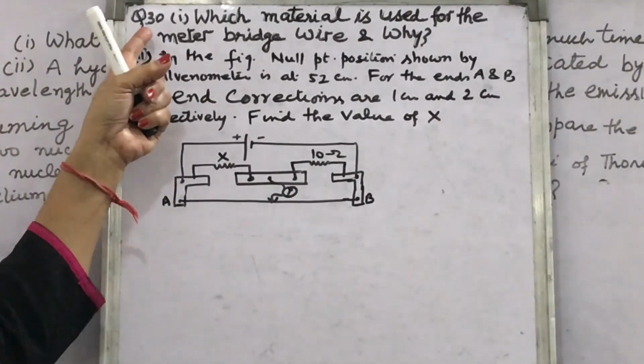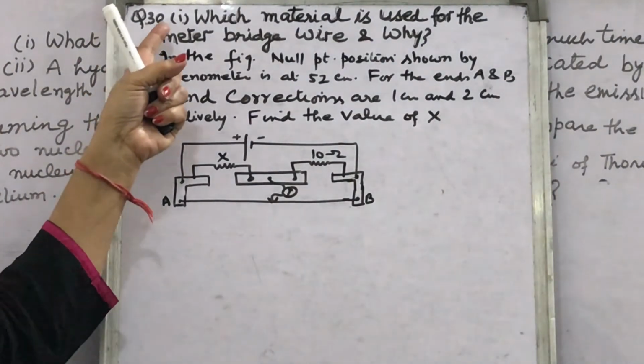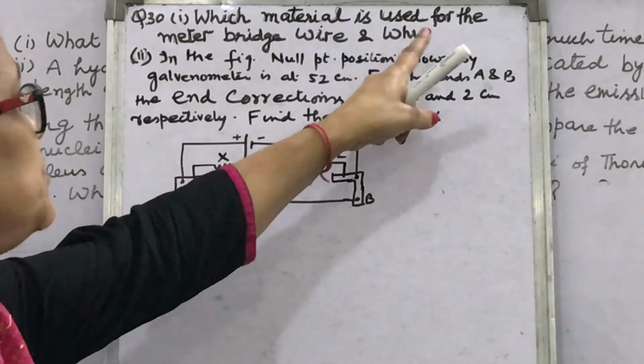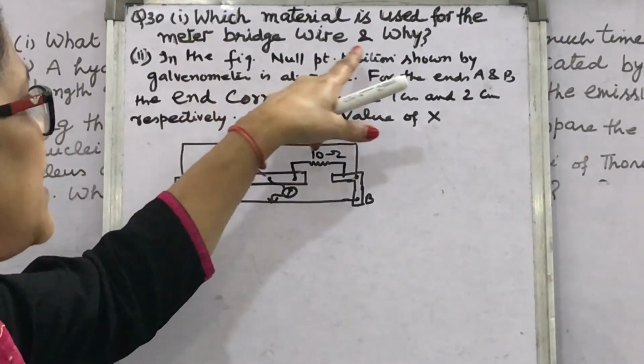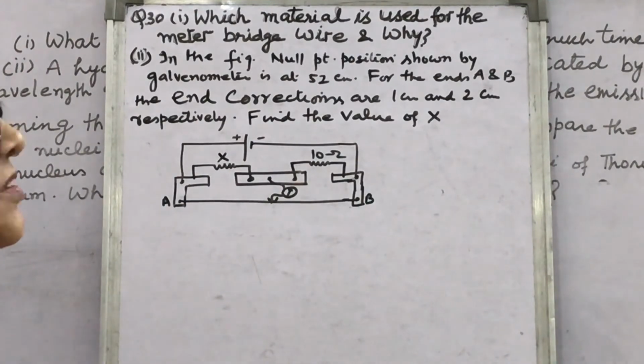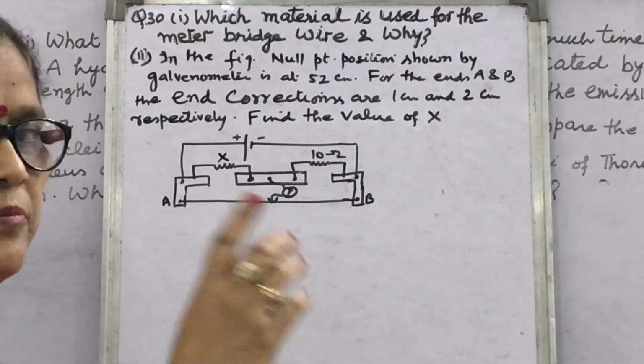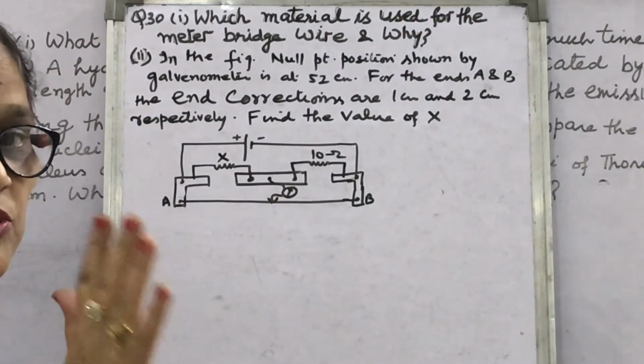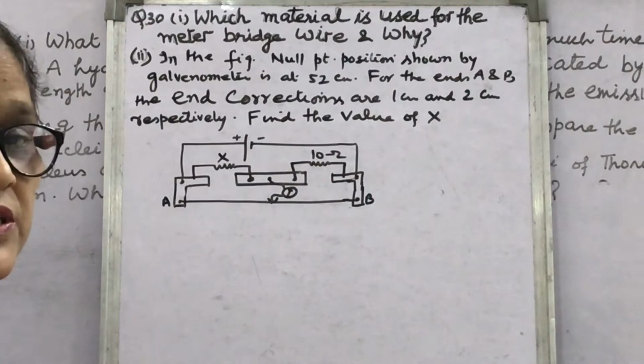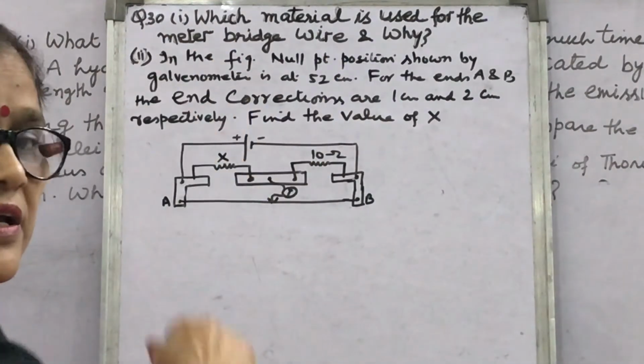See the last question of section D, question 30. First part: which material is used for the meter bridge wire and why? This question is related to the meter bridge experiment. In the meter bridge, a 1 meter long standard wire is used. What is standard wire? It is asked which material.